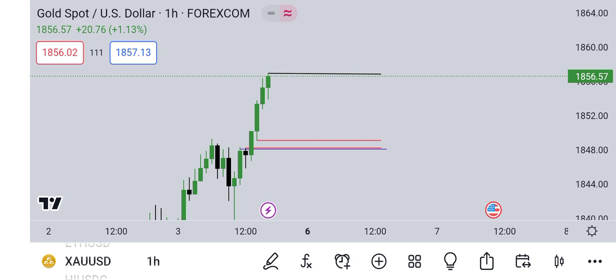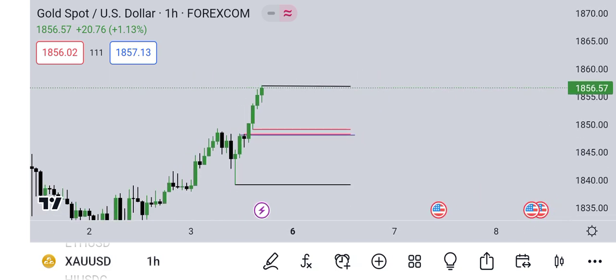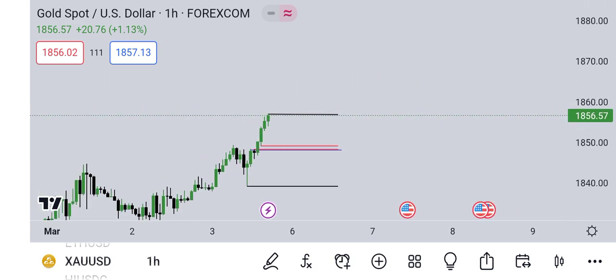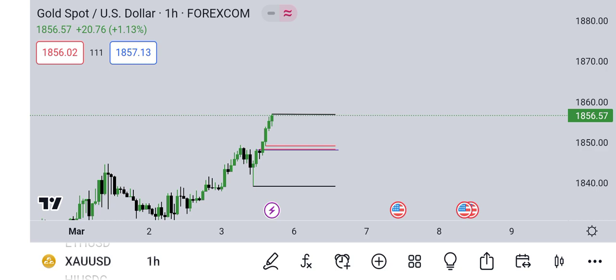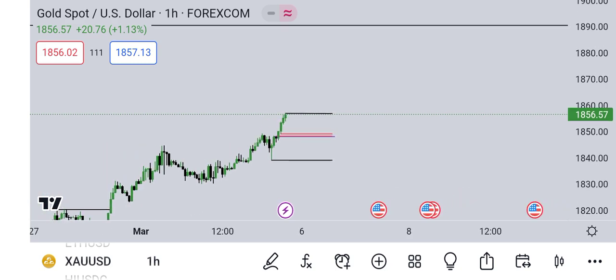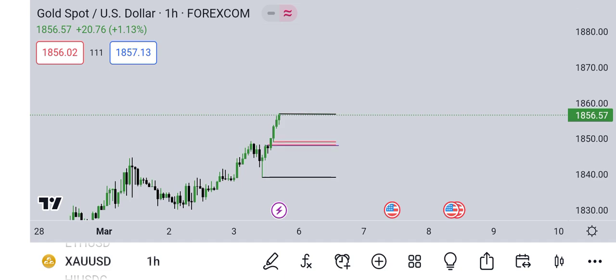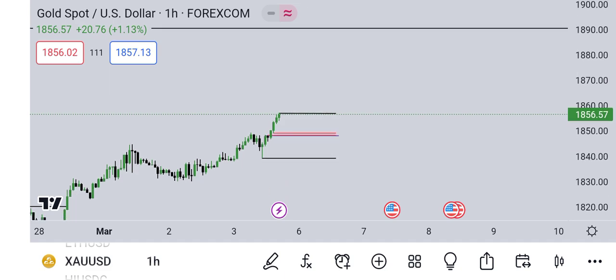So what I will be expecting basically is a rally from that fair value gap on the 1 hour to 1890.